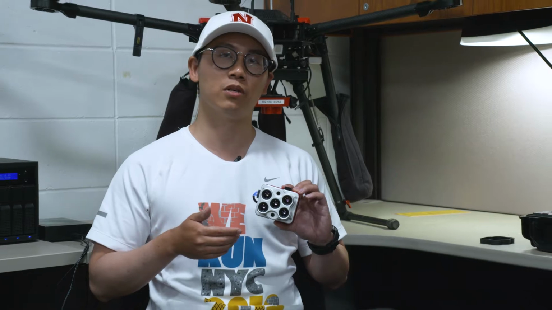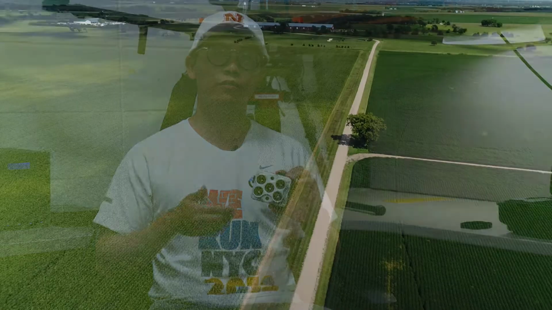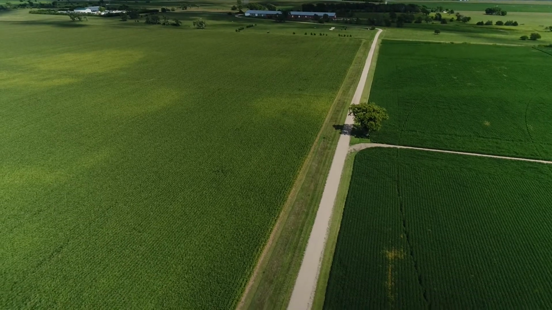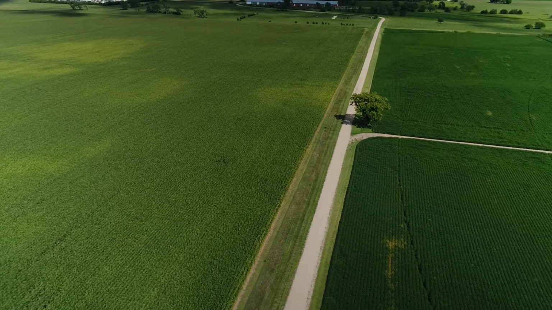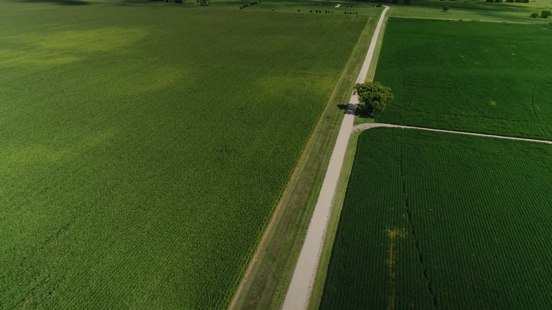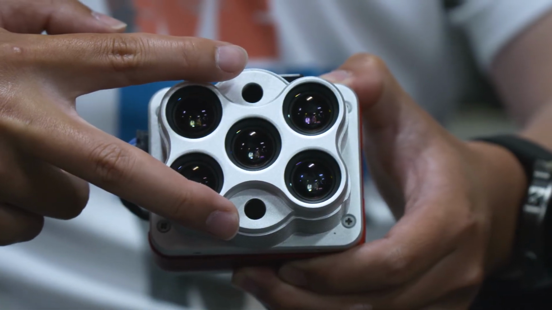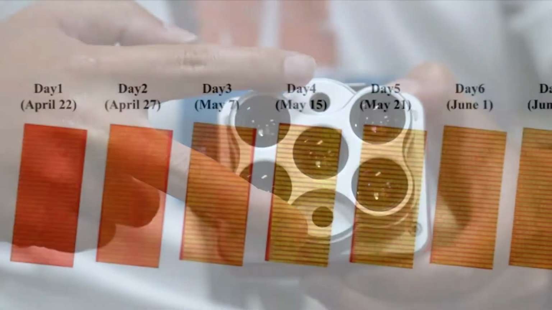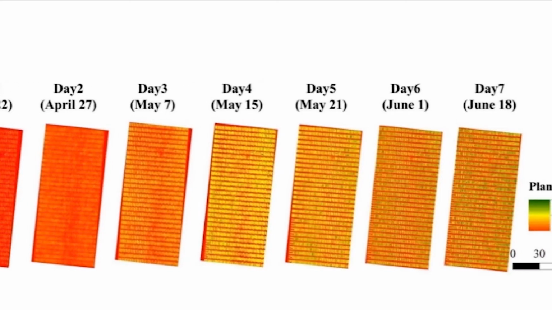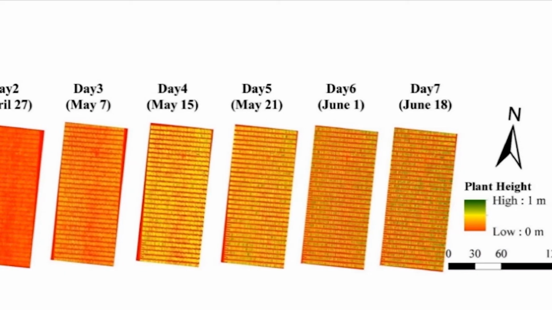This one is an integration of two types of camera, the multispectral camera and the thermal camera. The multispectral camera is specialized for vegetation sensing to detect the crop health, and the thermal camera is known to be a good way to detect if a plant is under drought stress.